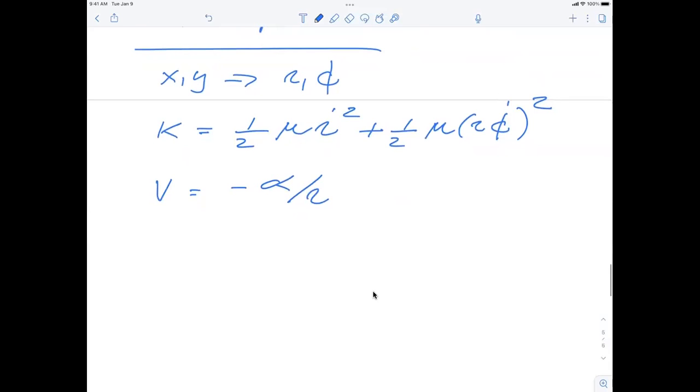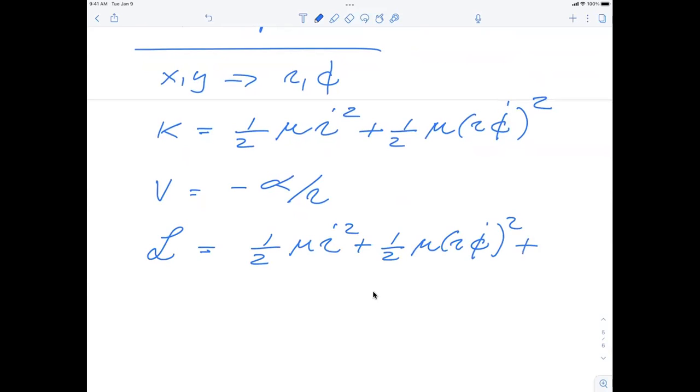So it means that our Lagrangian in this case, L, is simply going to be given by 1/2 mu r dot squared plus 1/2 mu r squared phi dot squared plus the potential, since we had a minus, minus, minus is a plus. So this is the Lagrangian here.